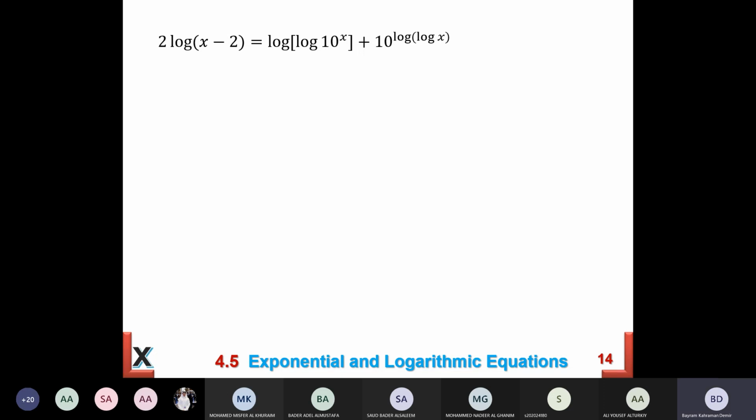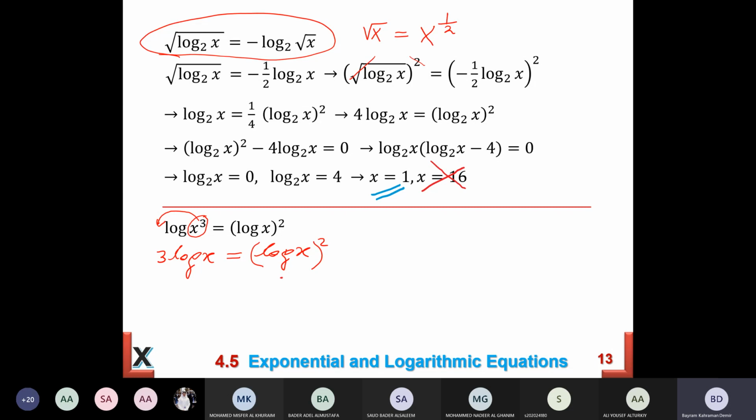Okay, before I continue, Shabab, do you guys have any problem, any question? Doctor? Yes, go ahead, please. Can we distribute the square on logarithm x to the base 10? Can we distribute the square? Which square are you talking about, Shabab?